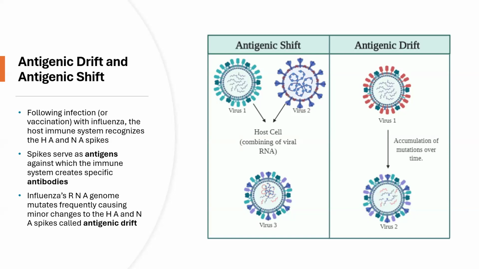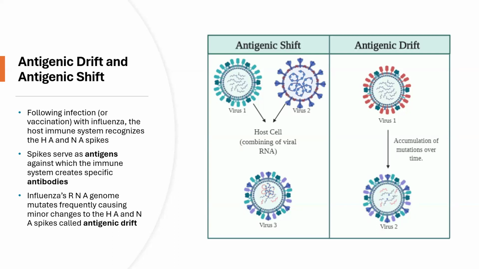Influenza has an RNA genome, and that causes it to mutate fairly frequently. That can lead to minor changes in the hemagglutinin and neuraminidase spikes. That slow change through mutation is what we call antigenic drift. So you're not getting full scale change in your spike proteins.